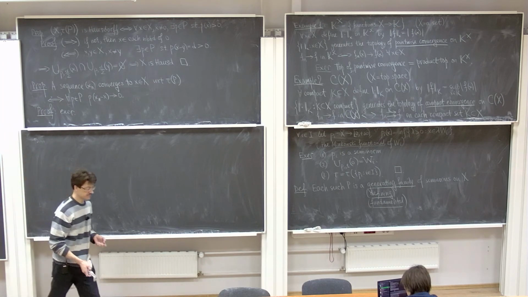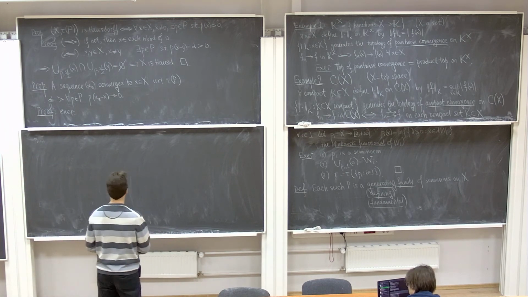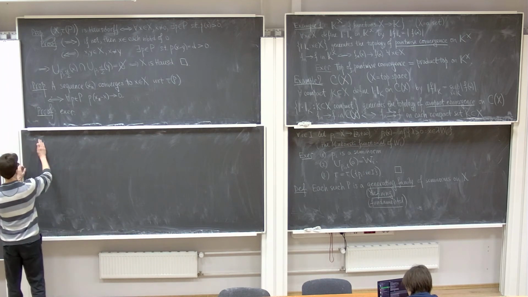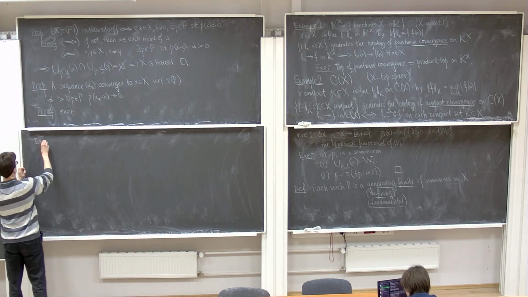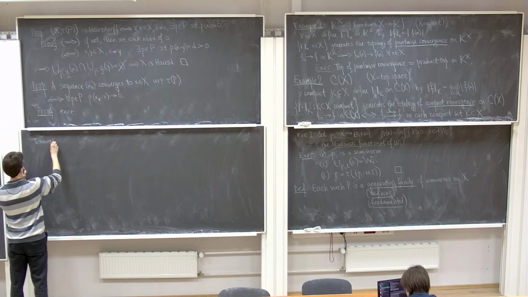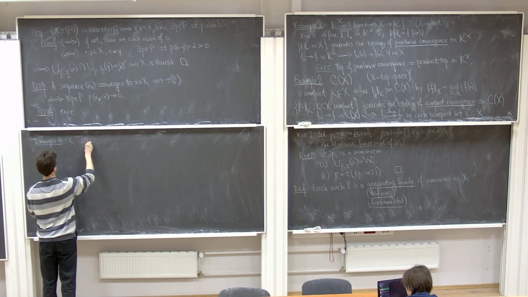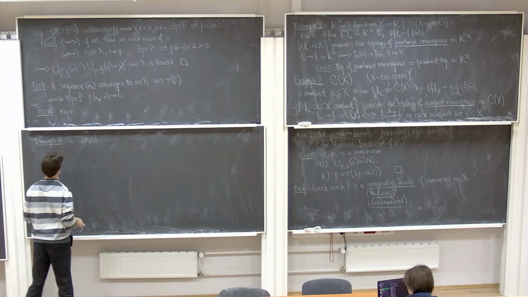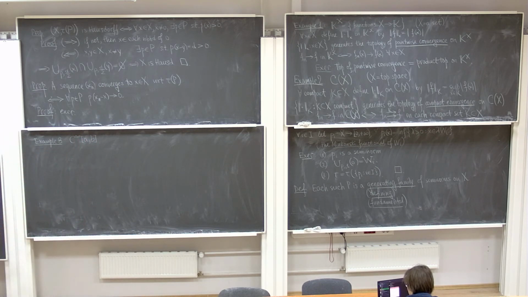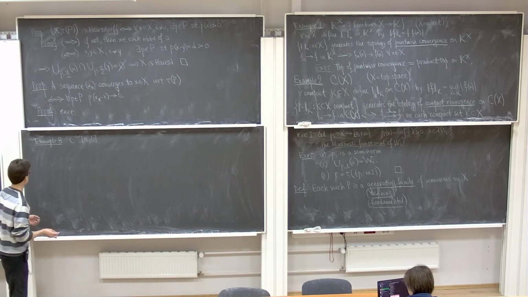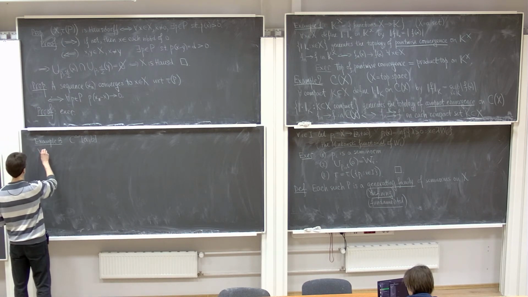Example 3, let's now look at the space of smooth functions. For simplicity, let's consider first the space of smooth functions on a closed interval [a, b]. So the canonical topology on the space is defined as follows.